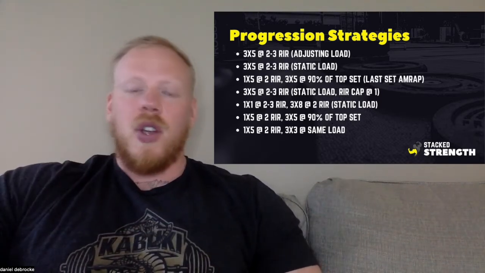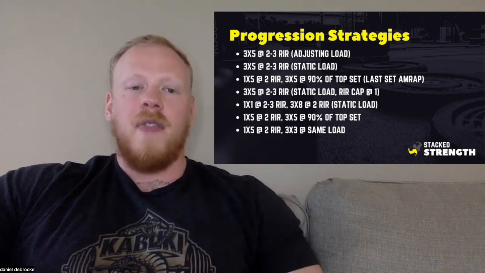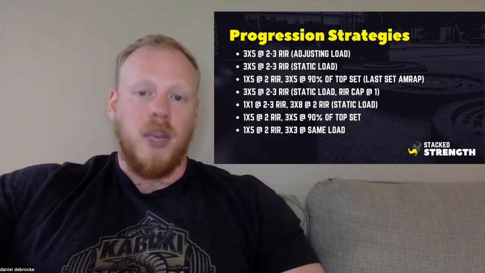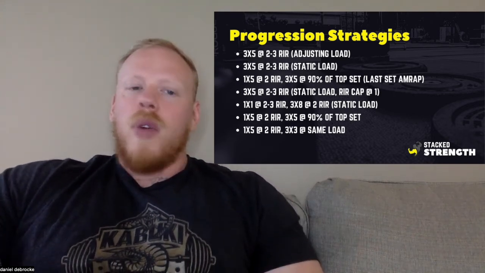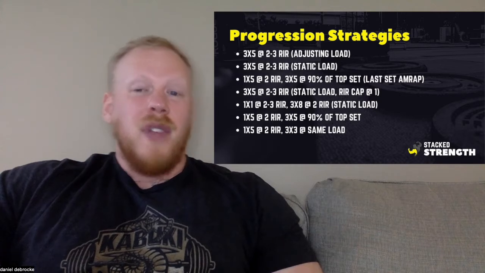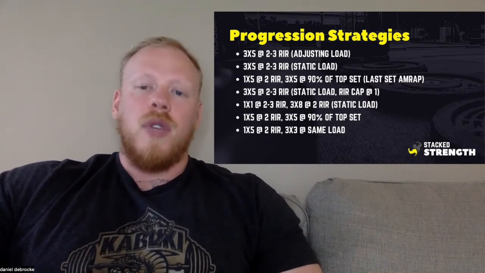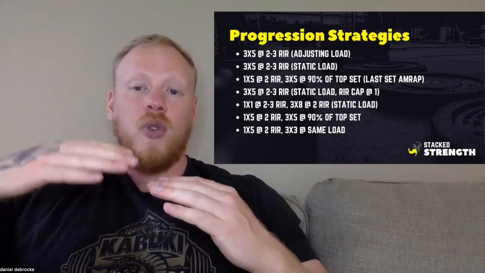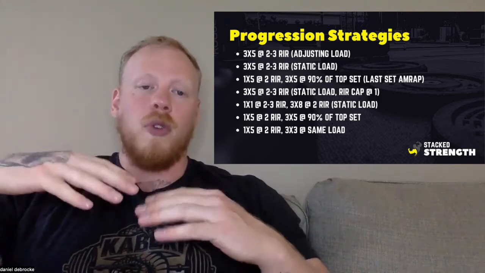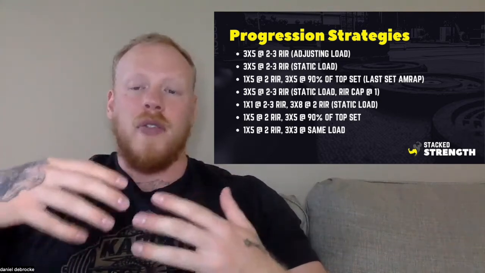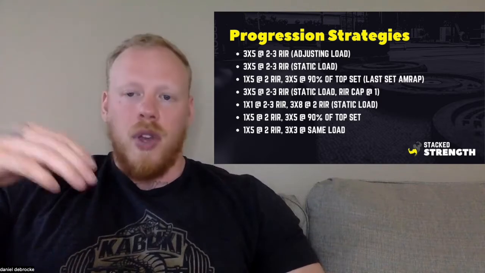Let's say my first set of 5 feels like 3 reps in reserve. By the third set, it might feel like 2 reps in reserve, or maybe even 1. To account for the increase in perceived effort, you're going to decrease the load accordingly.